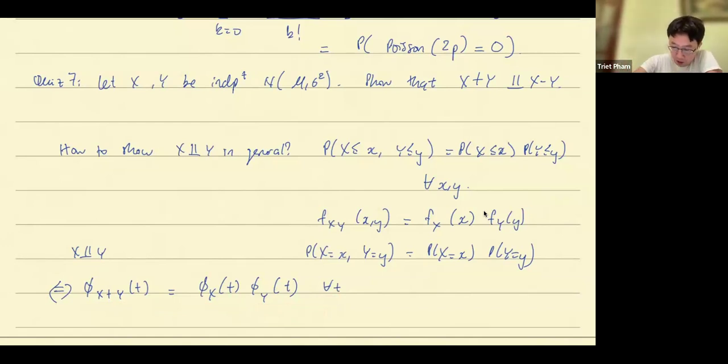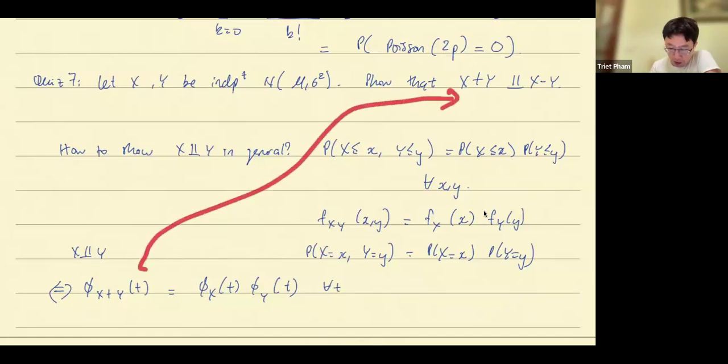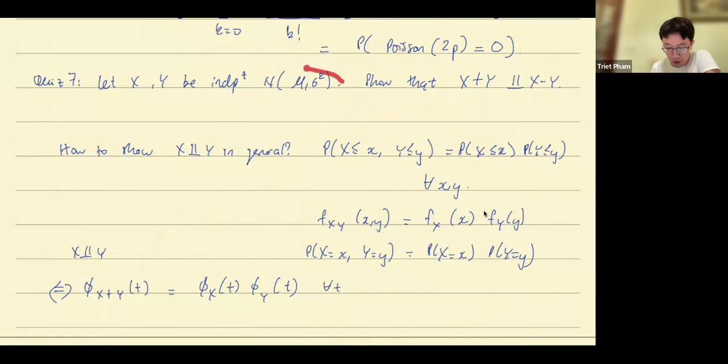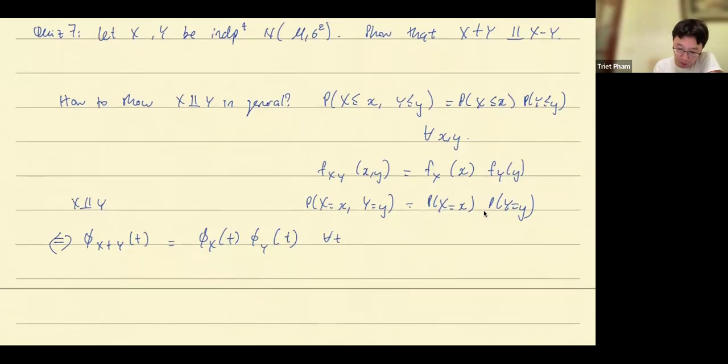Anyway, that said, we must start considering the moment generating function of a normal. Does anyone know what that is? So if X and Y are normal with mean mu and variance sigma squared, what's the moment generating function of X and Y?